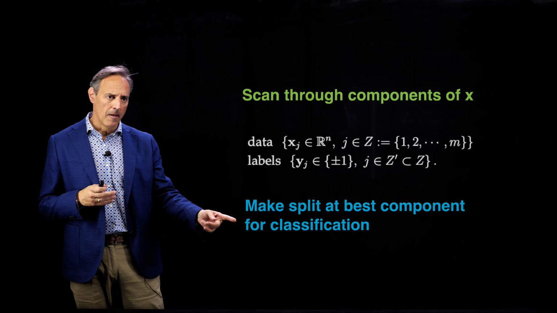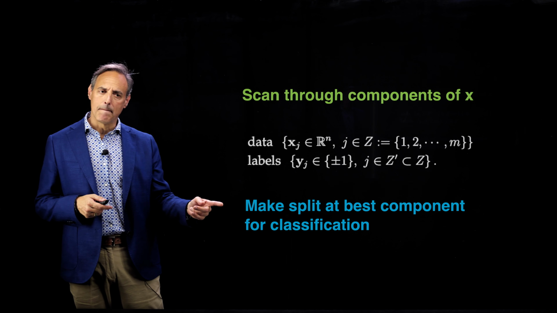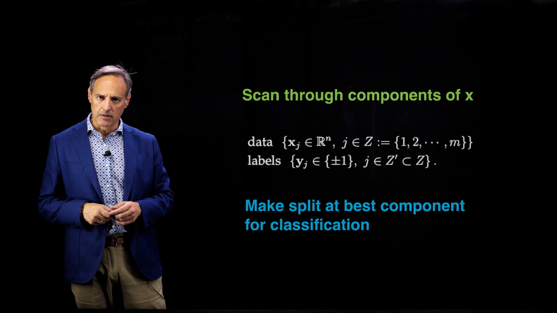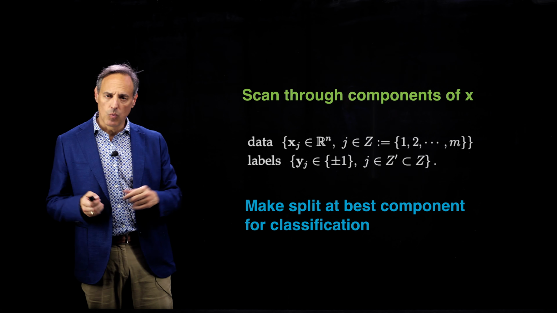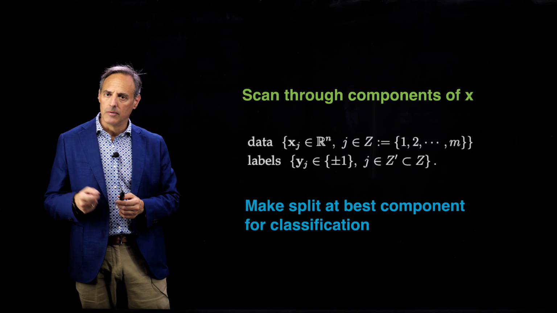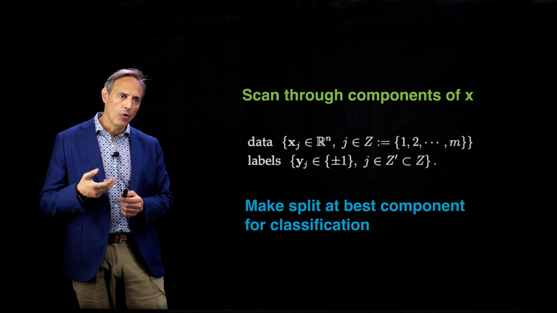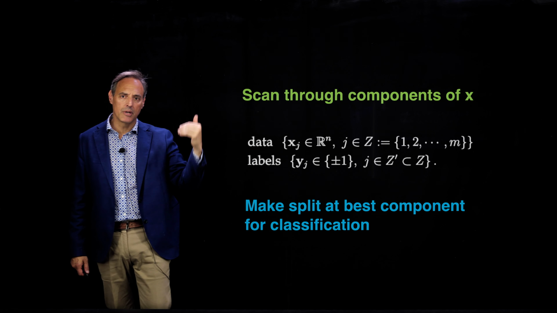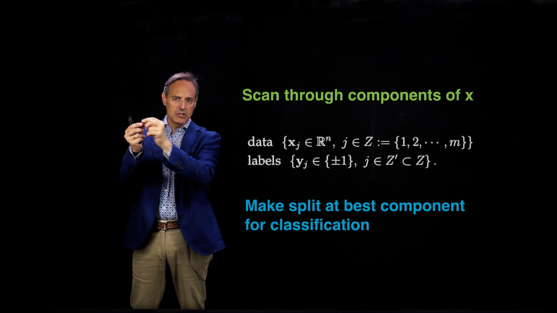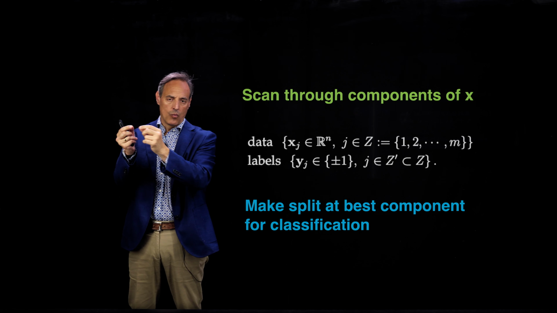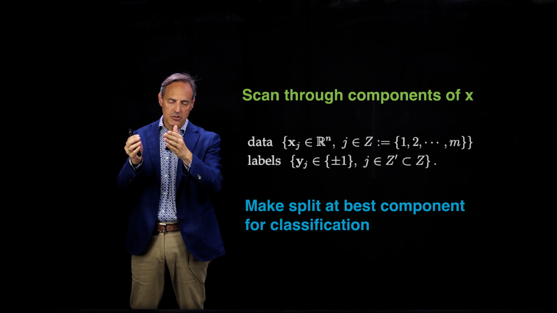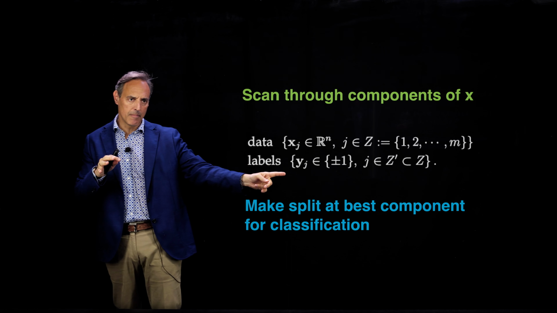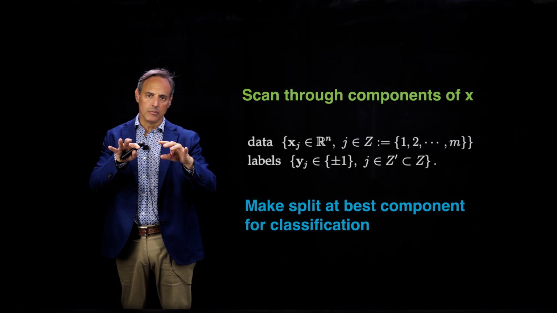So this is the idea: make a split at the best component for classification. I'm going to try it first for x1, then x2, then x3, all the way to xn. I'm going to scan through every single component and ask the question, if I make a decision here and split the data somewhere to make a classification between these labels, how well do I do?